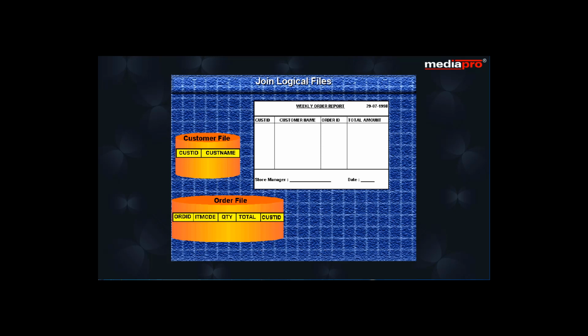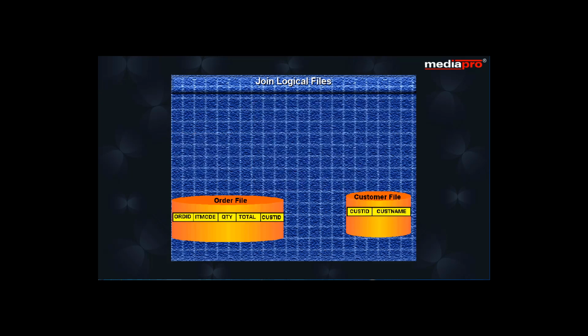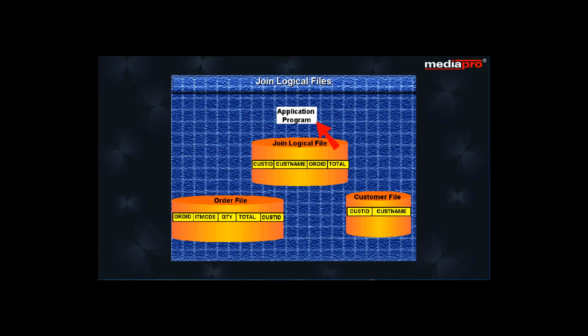The required fields are customer name from the customer file and the corresponding order ID and total amount from the order file. We need to create a join logical file that will supply the required fields to the application.